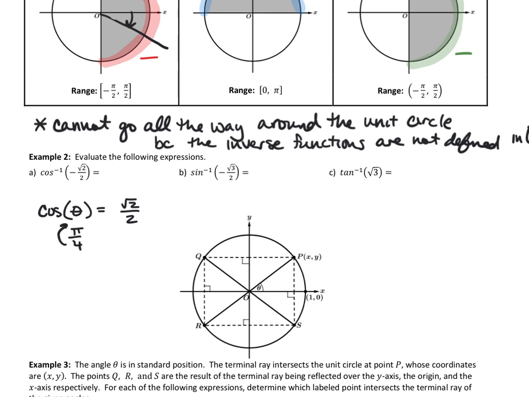We know that from the hand trick, from what I've had you memorize from your tables. But if I make this negative, it's no longer going to be pi over 4 because it's in quadrant 2. What is the reference angle caused in quadrant 2? 3 pi over 4. Which means that the arc cosine of negative root 2 over 2 is 3 pi over 4.